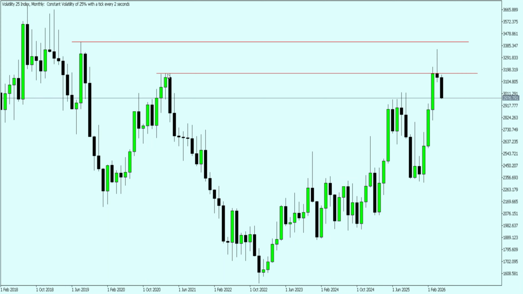Now, the retail society has a crude depiction of what resistance and support actually are. When we look at this chart, the typical retail trader would say that when price gets to this point, we expect price to bounce back down.